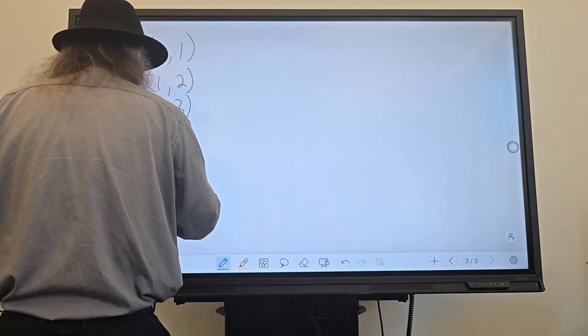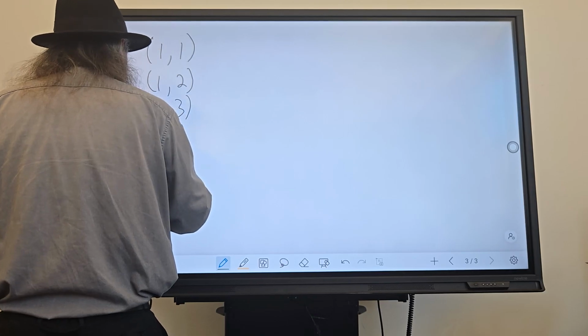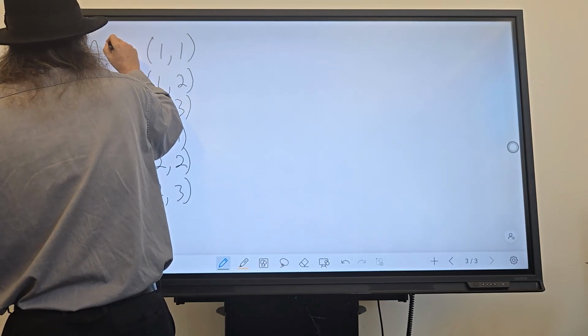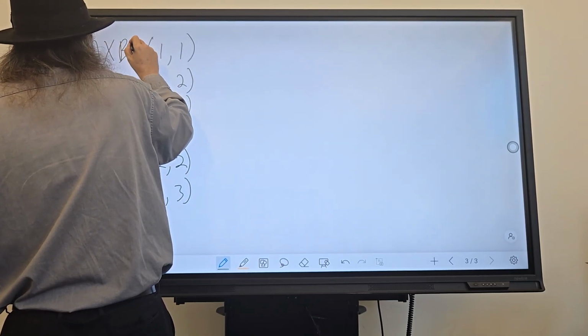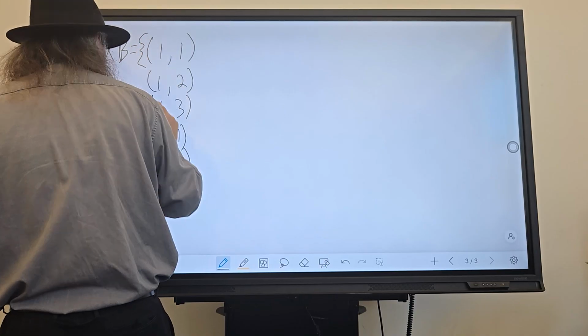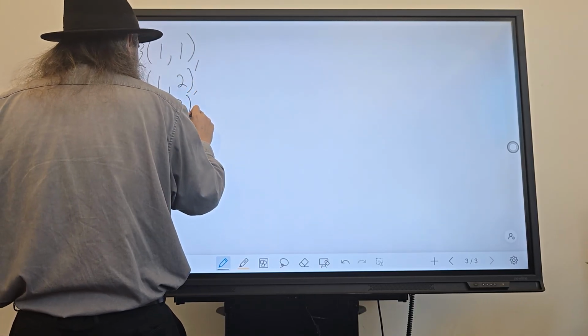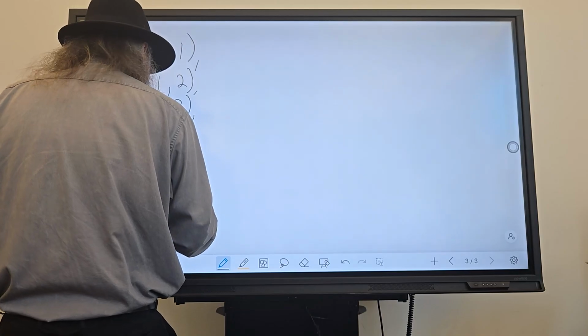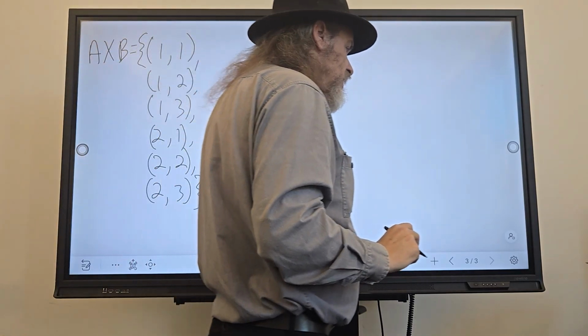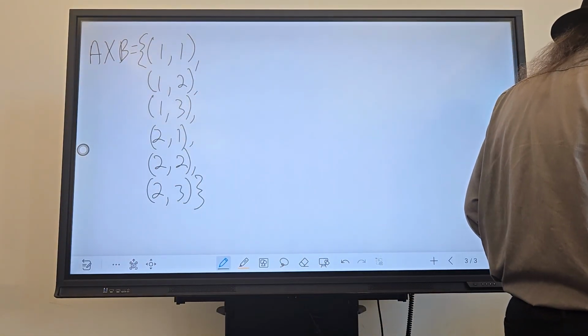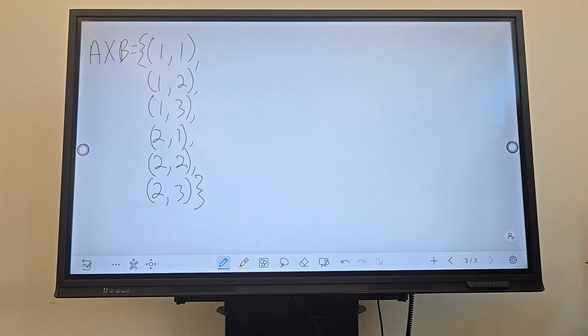Okay, so there's the Cartesian product of A and B. Now, which ones of those satisfy the condition that (x − y)/2 equals an integer?